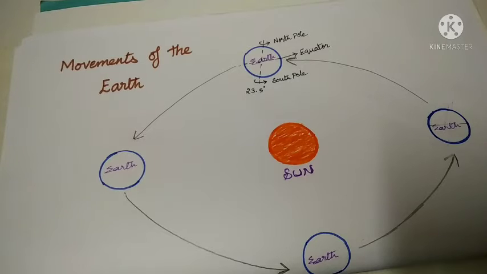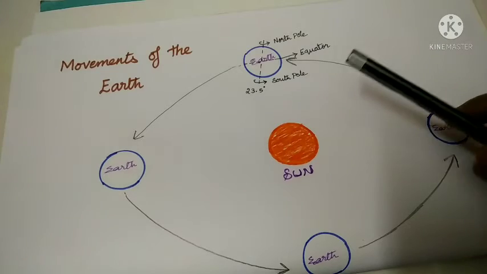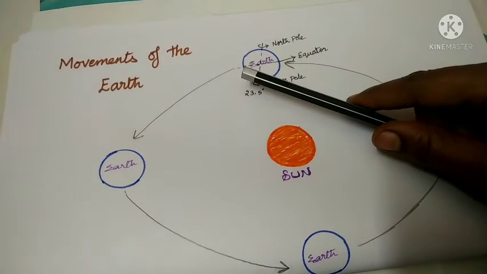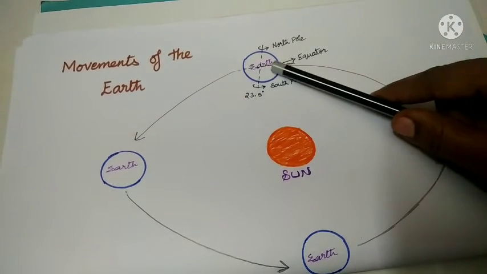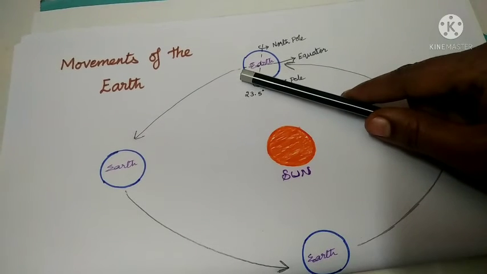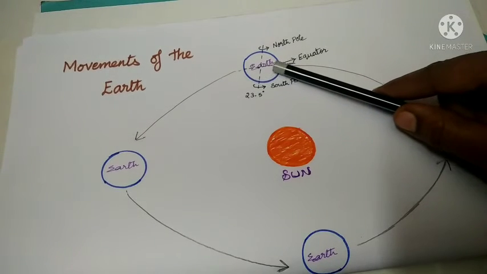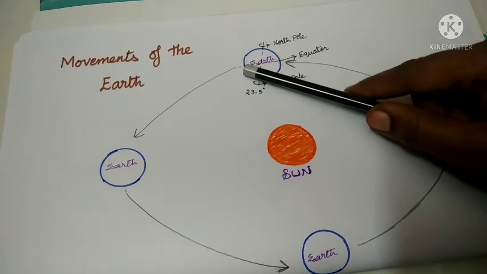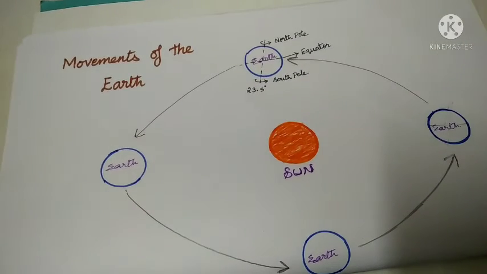Next, let us discuss the equator. Like the axis, the equator also is an imaginary line which is drawn at the center of the earth. So this is the line of the equator. As I said, the equator is an imaginary line exactly halfway between the poles.